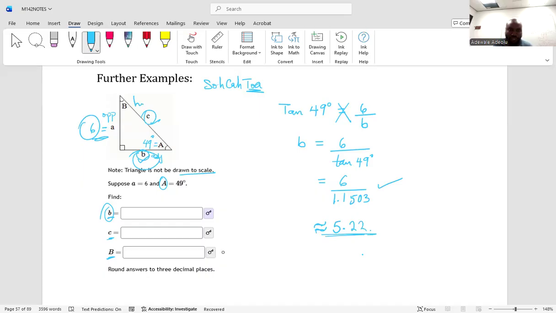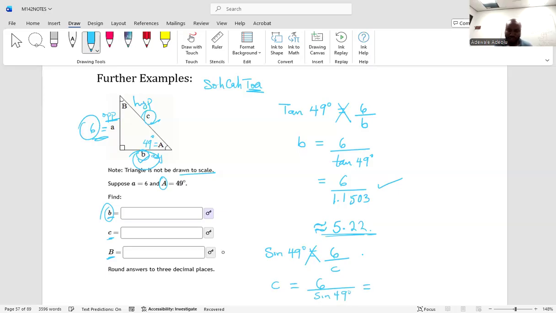So this is hypotenuse, opposite. So that is sine of 49 degrees equals opposite, which is 6, over hypotenuse, which is C. So again, we cross multiply and say C is 6 divided by sine of 49 degrees.